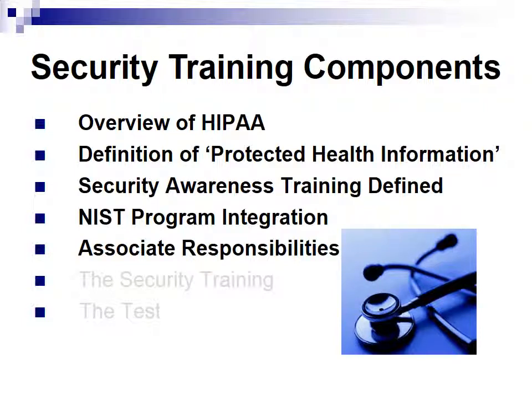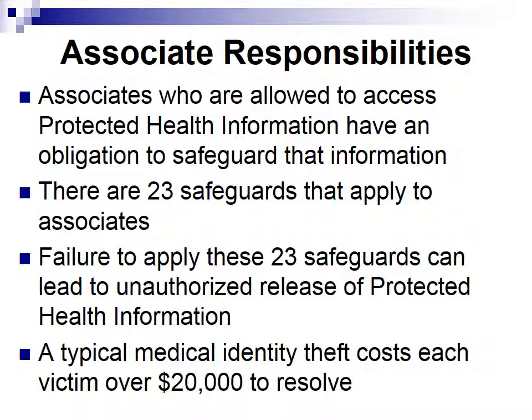All associates handling protected information have a responsibility to protect that information. There are 23 security safeguards that need to be followed by associates under the NIST information security protocols. Failure to follow these precautions can result in unauthorized release of protected information and damage to patients.